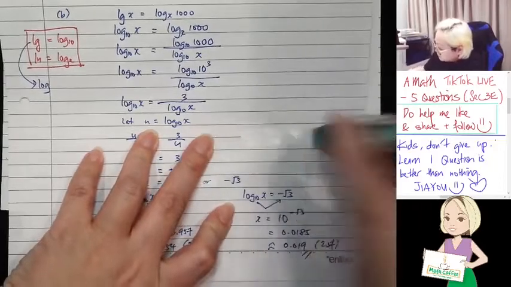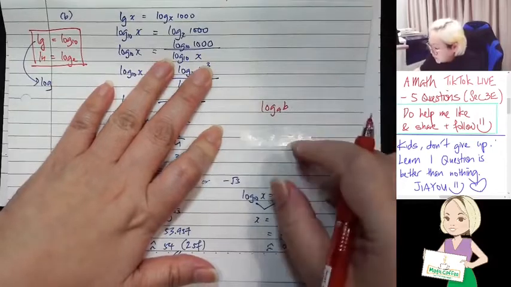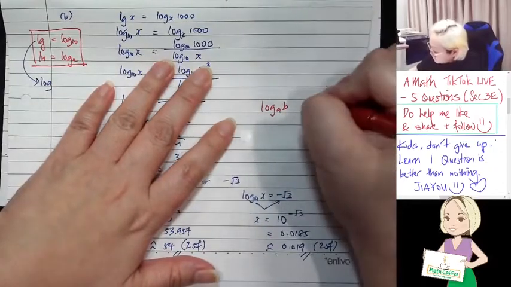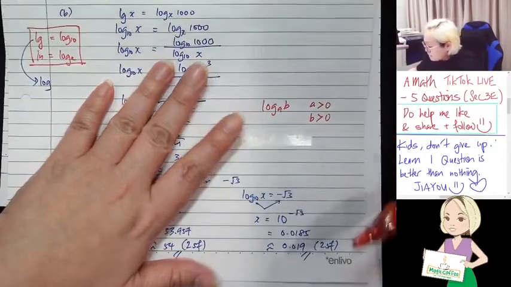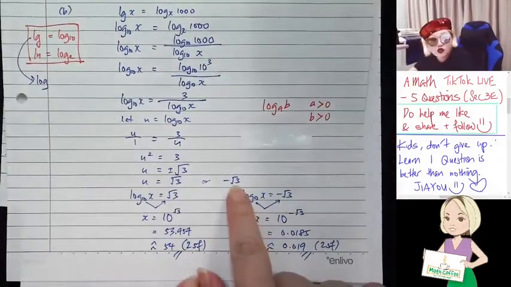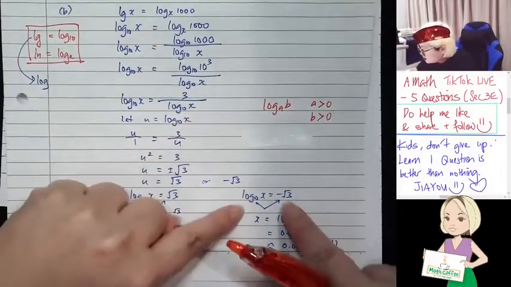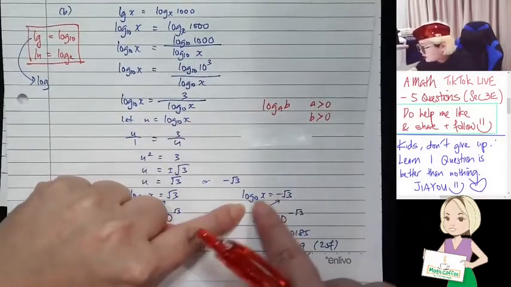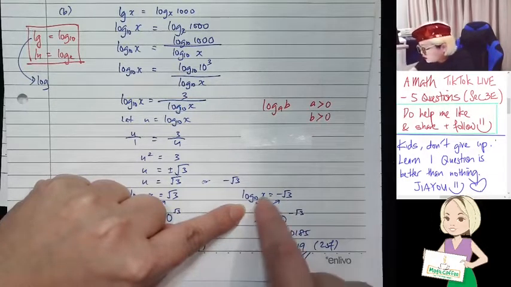You see, log AB. See here, my A must be positive, right? My B also must be positive, right? But this minus square root 3 is the answer. Is this whole thing equal to minus square root 3? It's nothing to do with this side.